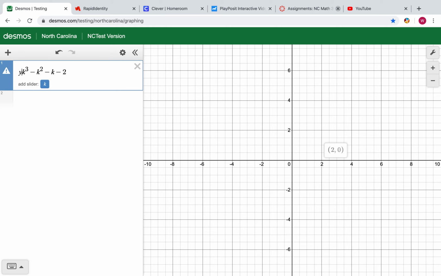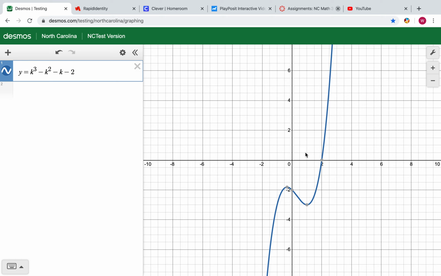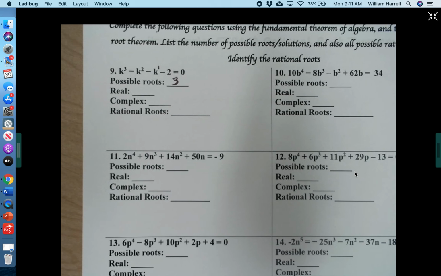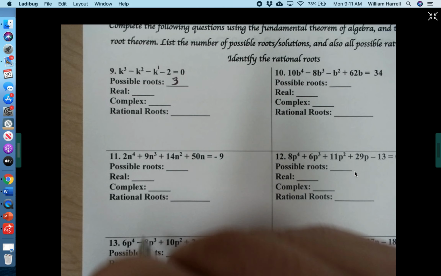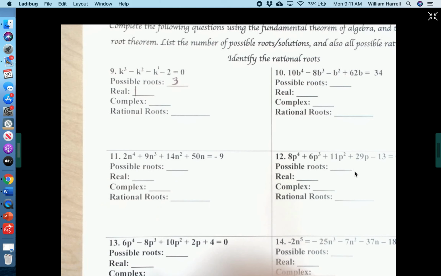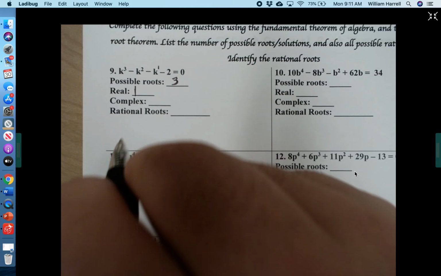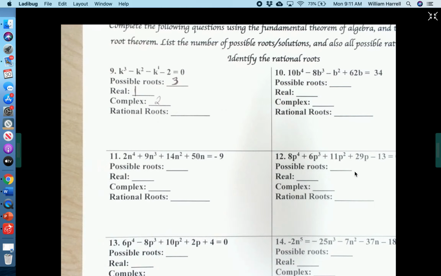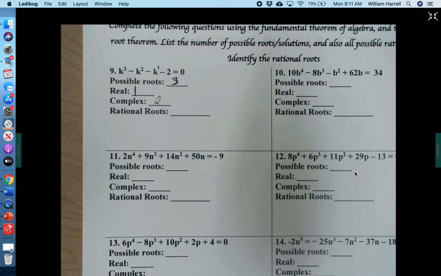So that's why I say just do y equals. And then from here, look and see how many times your graph crosses the x-axis. Once. So it has 1 real solution. 1 plus what is 3? 2. So there are 2 complex solutions. Rational roots, we'll get there in a minute.